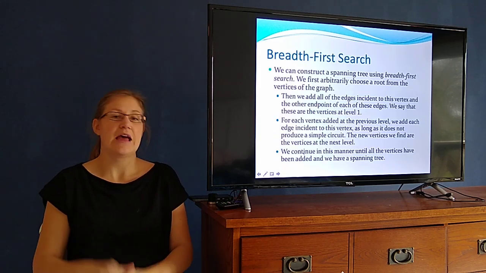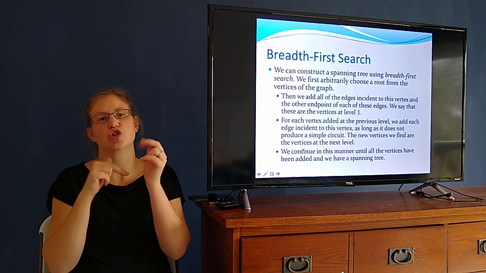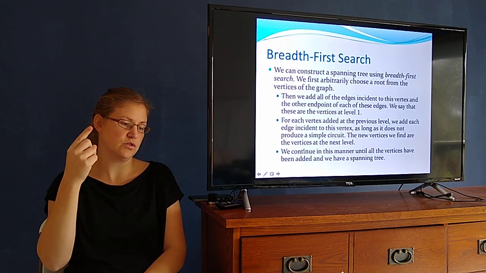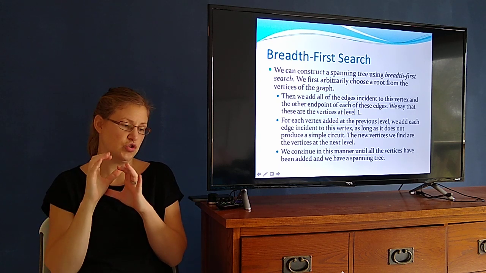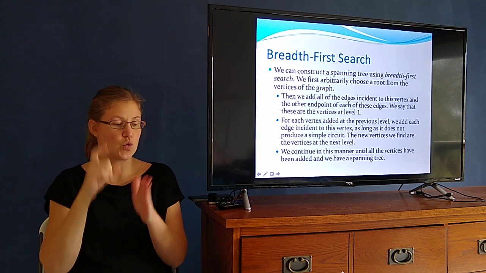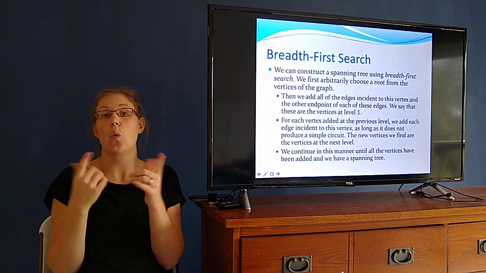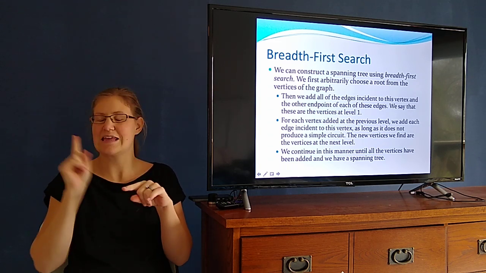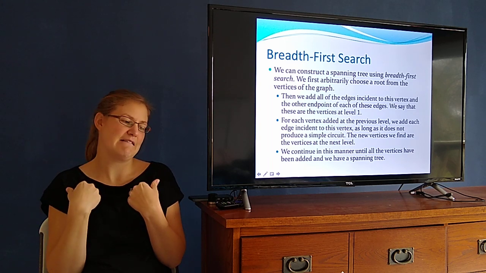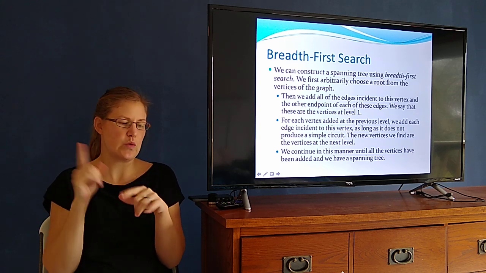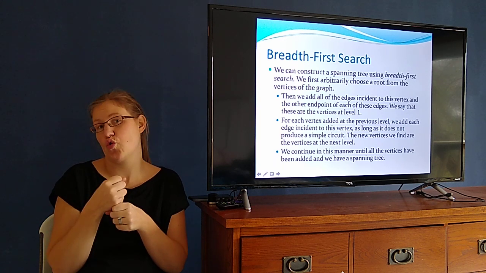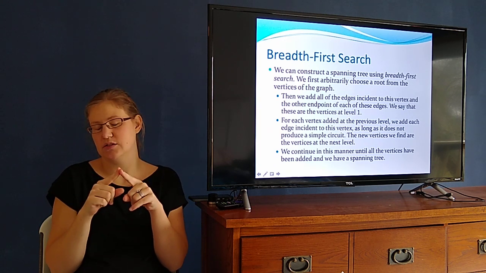So how do we construct spanning trees? As you noticed in the first example, I just removed the edges, but we cannot do that if we have a big graph. We cannot examine all the edges that cause simple circuits.